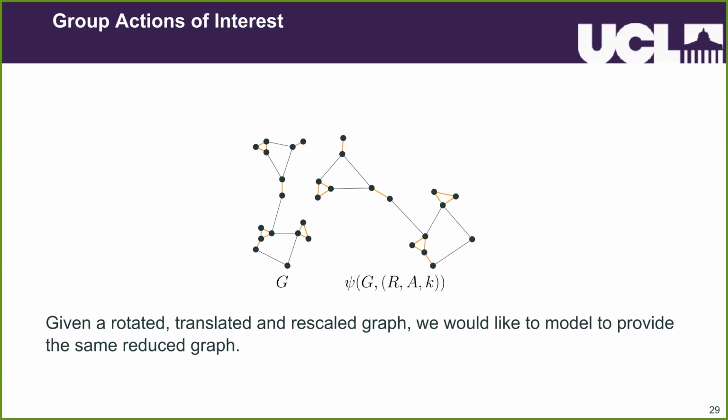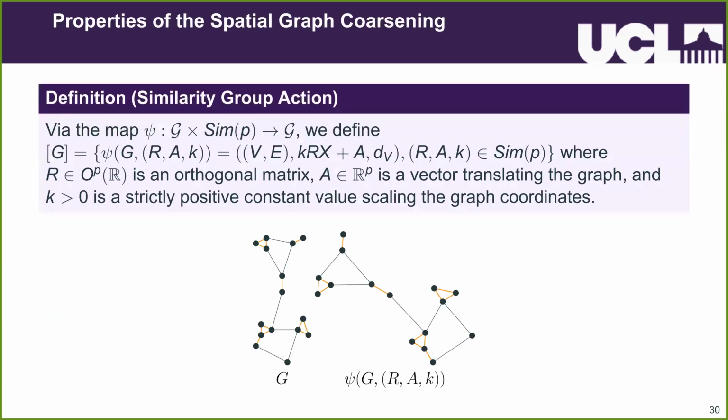So we spent some time exploring the properties of this procedure with respect to this specific group action. First, let's see how the similarity group acts on this spatial graph.